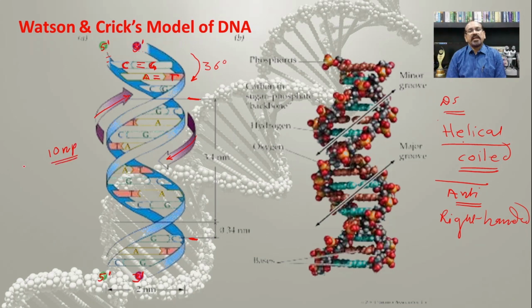So these nucleotide pairs occupy 34 angstrom unit space, and hence when we are talking about one nucleotide base pair, it will occupy 3.4 angstrom unit space.